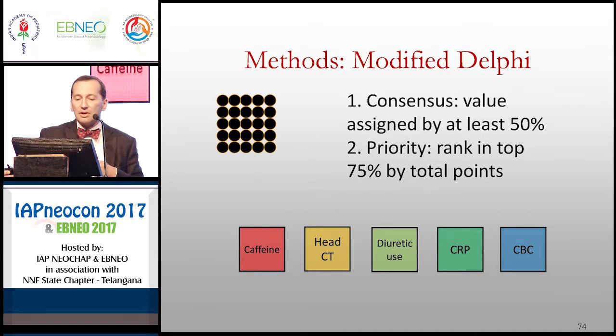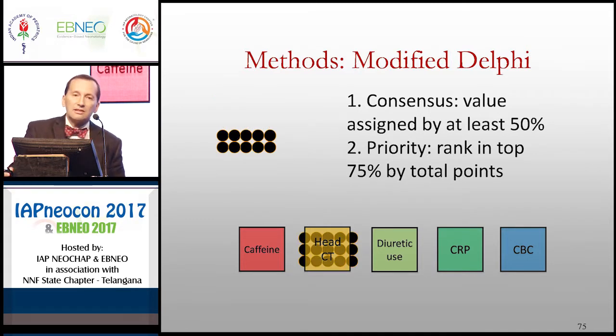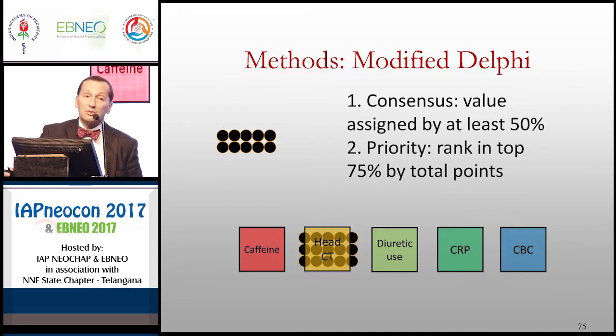So we might say, well, I'm not going to put any votes on caffeine because there's good evidence that works. So I don't want it to show up on my top 5 list of things to question. On the other hand, head CT is associated with exposure to radiation, and there are alternatives, so I'm going to put lots on that, and then I'm going to spread my votes amongst some other items, as you see here.